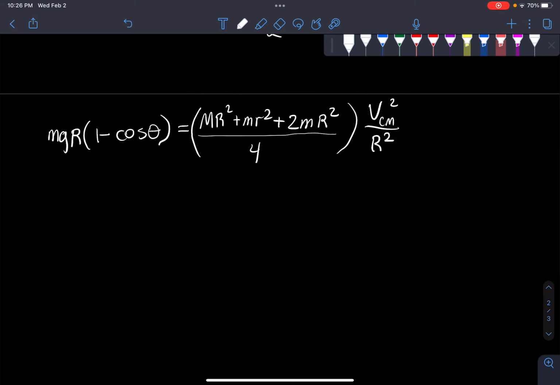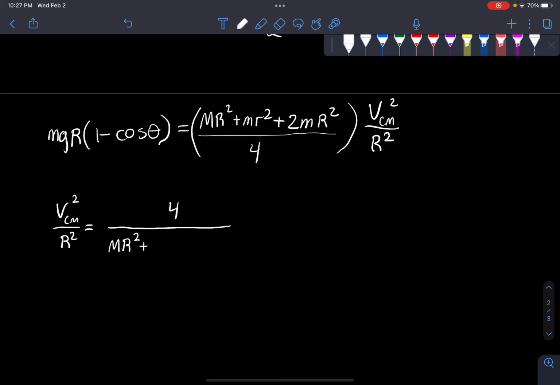So I'm going to flip the equation and get that the velocity of the center of mass squared divided by the radius squared is equal to, flipping this fraction, 4 over capital M R squared, capital R squared, plus little m little r squared, plus 2 little m capital R squared.